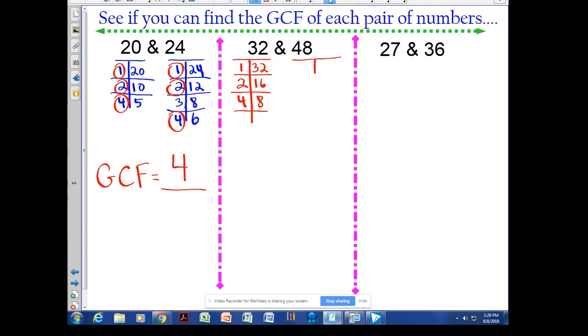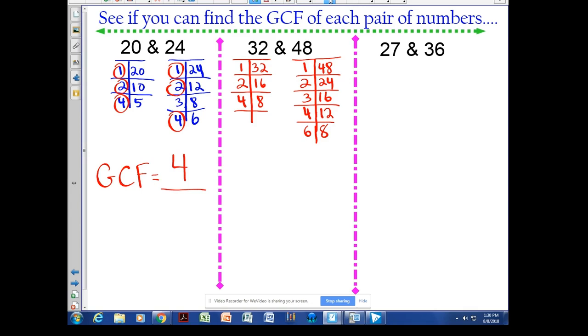Let's try 48. 1 times 48, 2 times 24, 3 times 16, 4 times 12. Wow, this one has a lot of factors. And 6 times 8.